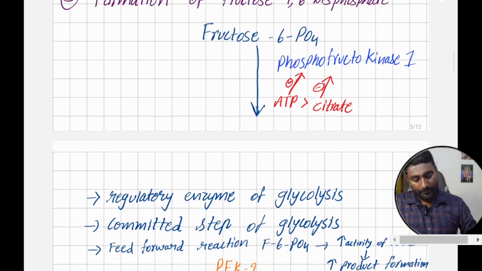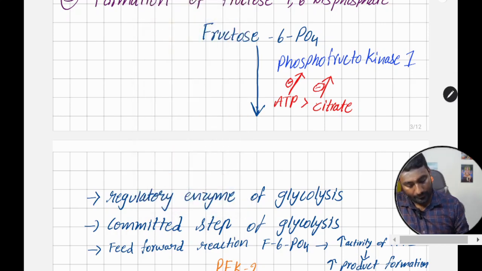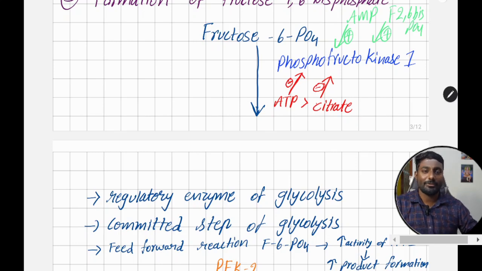Now, what are the activators of this enzyme? If ATP is an inhibitor, what can be the activator? Yes, it is AMP. And what else? It is fructose 2,6 bisphosphate. I will tell you where this fructose 2,6 bisphosphate is coming from.